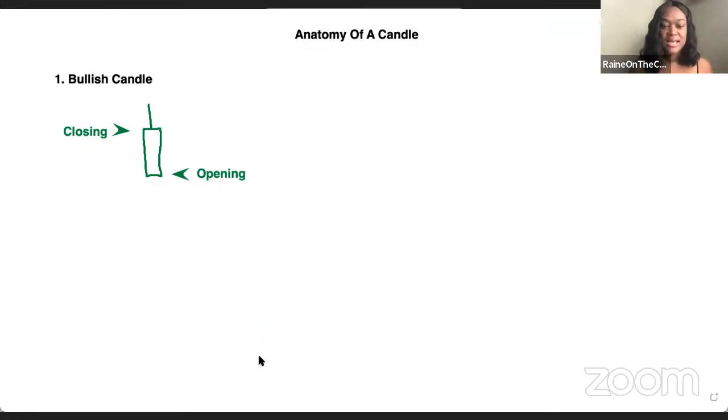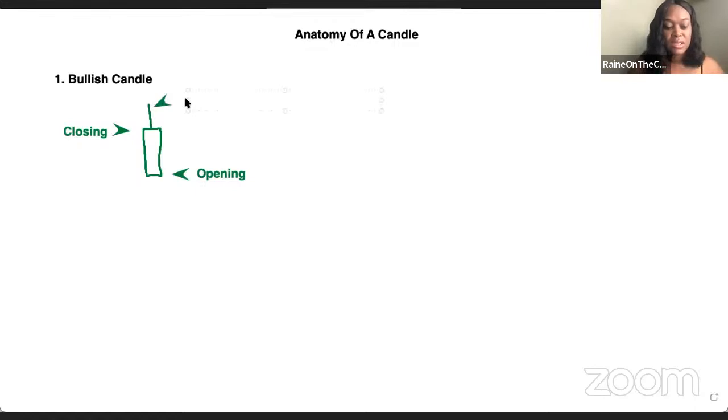Now, you will notice that there is this line at the top here. That's the wick of the candle. And the wick can be from up top here, it can go all the way to the bottom. It can look many different ways. And when we're done, we're going to go on TradingView and we're going to look and see what things look like.